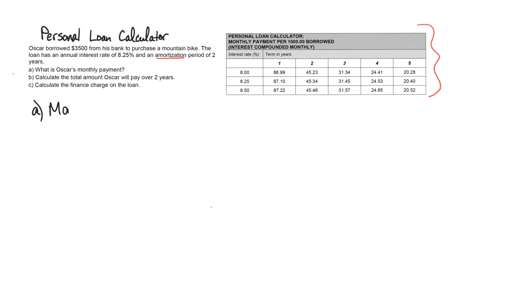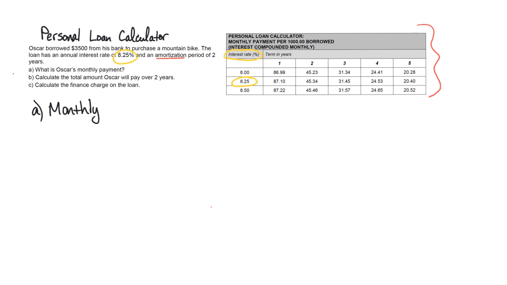So monthly amount. What I'm going to do is go to this chart, and first I start by taking a look at the interest rate. I know that the interest rate according to the question is 8.25%. So I go to interest rate on my chart and I find 8.25%. There it is.